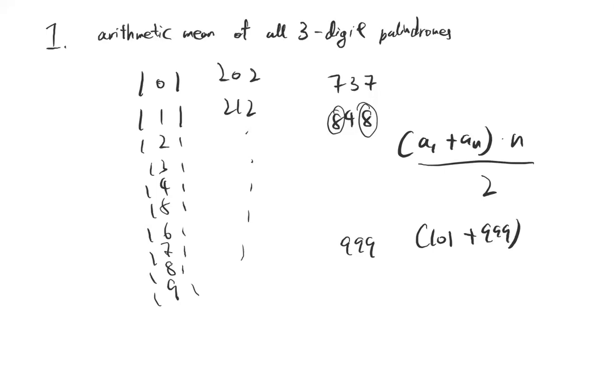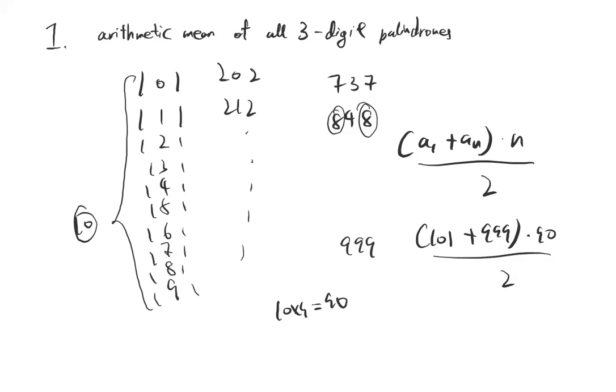How many terms are there? If the first digit and third digit is 1, then there are 10 numbers. And the first digit can only be 1 to 9. It cannot be 0. So 10 times 9 is 90. So 90 divided by 2. And this is the sum. This is not the mean.